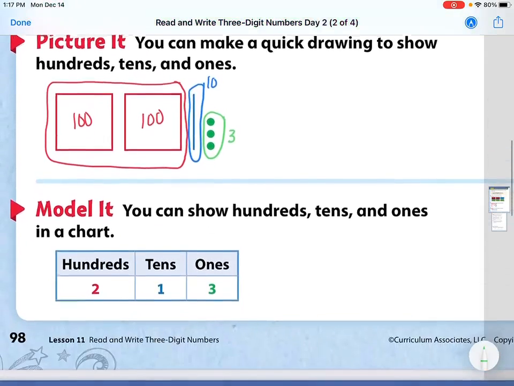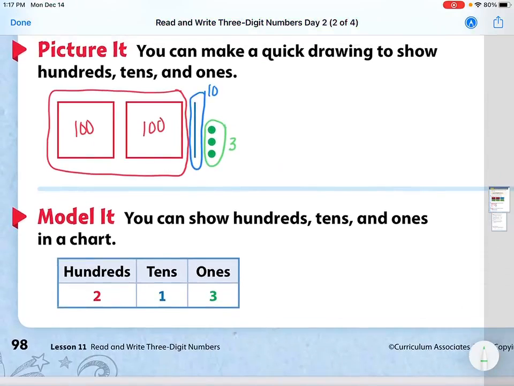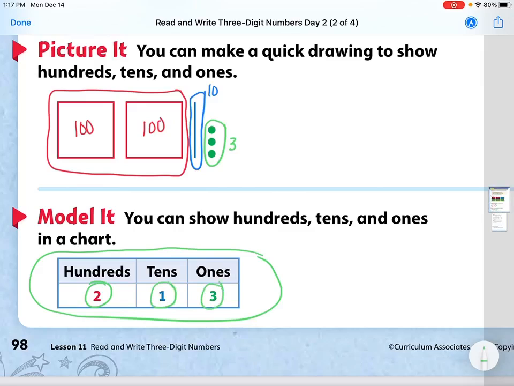And then a final way that they're showing us is to put it in a hundreds, tens, and ones chart. And so, you know, we've made these charts now for a couple weeks. There's our chart, and you just plug in the numbers where they belong. 2 hundreds bills, 1 tens bill, and 3 ones bills. And there it is.